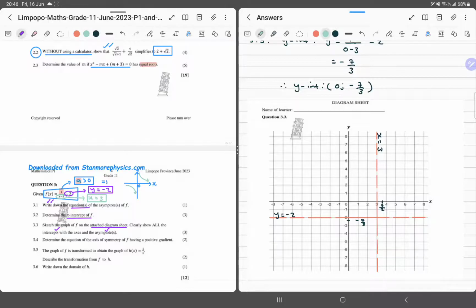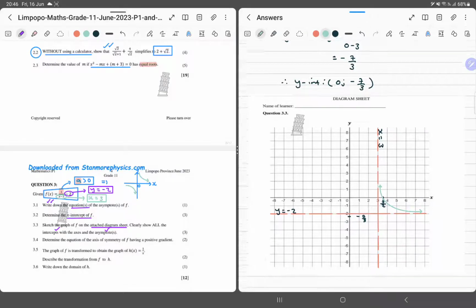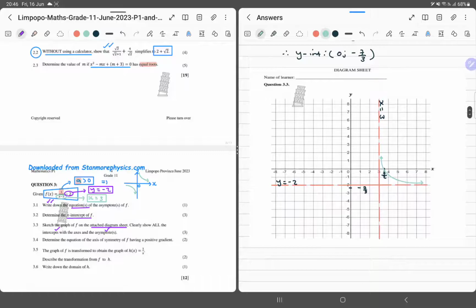Okay, let's do the graph. So we know that the shape is that one, so we can do stuff like this. Okay, don't worry about the fact that it's small. It's just difficult to do the shape properly.